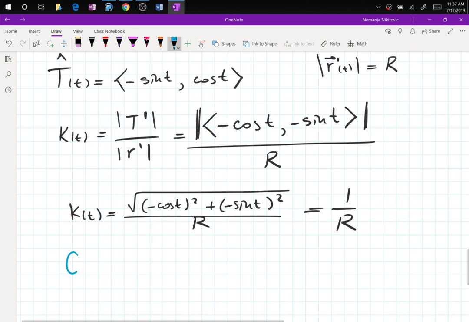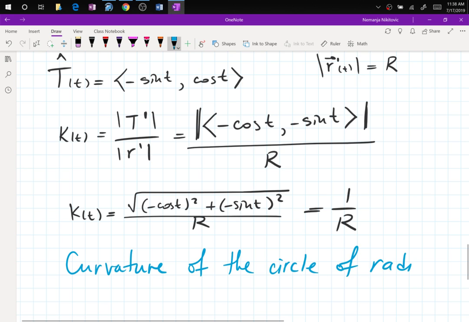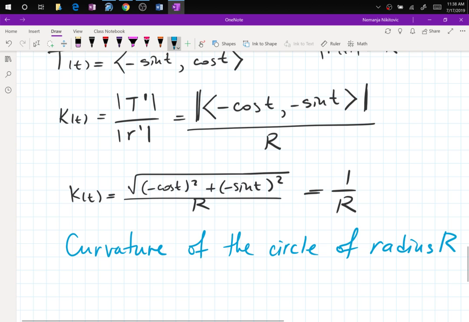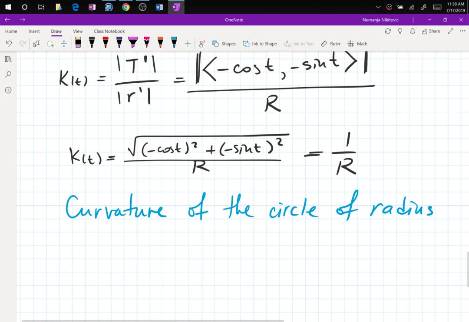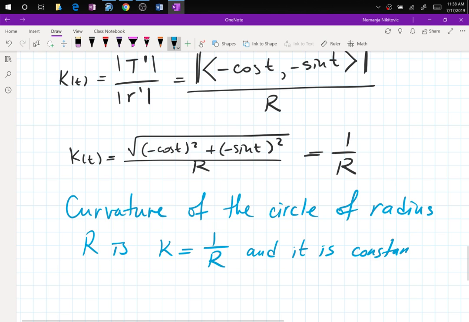So the curvature of the circle of radius R is k equals 1 over R, and it is constant. So at all points on the curve, the curvature is this much.